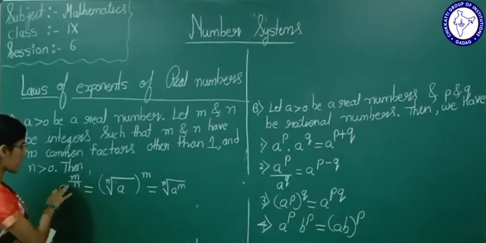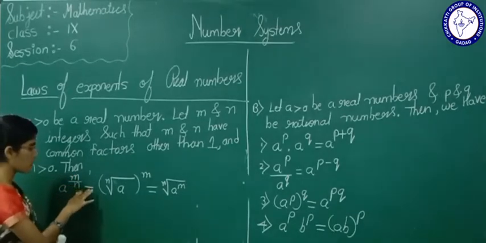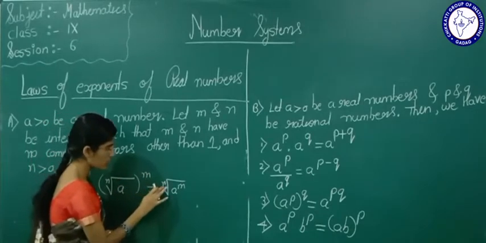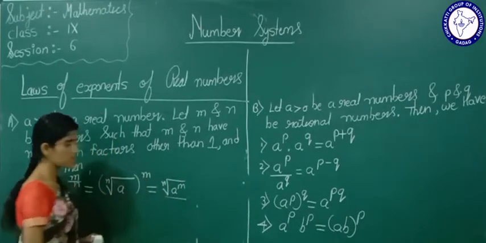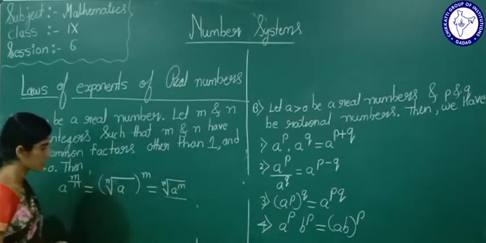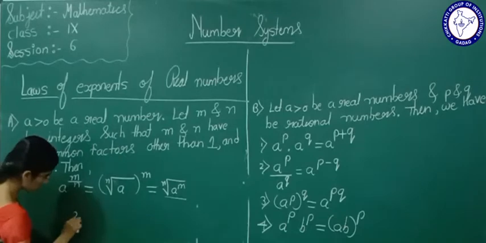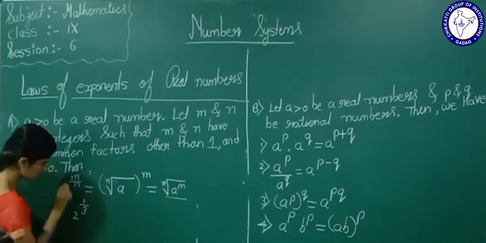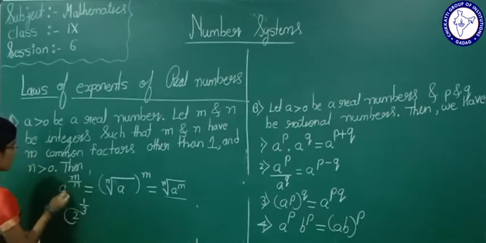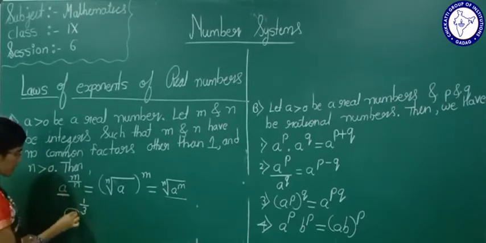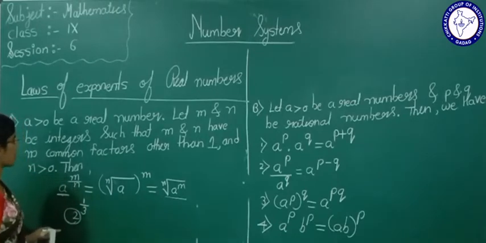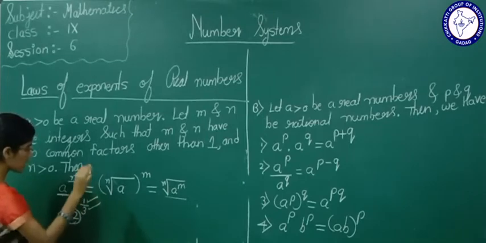Then a raised to m by n is equal to the nth root of a raised to m. See here, if I gave you 2 raised to 1 by 3, here a is a real number greater than 0, and m and n should be integers.